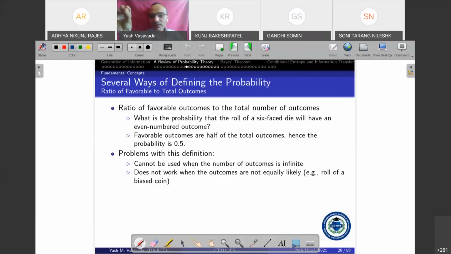Maybe he puts slightly bigger weight on the even numbered faces. And so no matter when you roll the die, most likely it will come up as 2, 4, or 6. Then the probability is not going to be 0.5 anymore. The probability that it will have an even numbered outcome will be more than 0.5. So the standard formula won't work in that case.